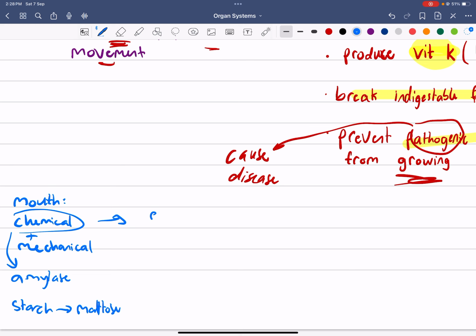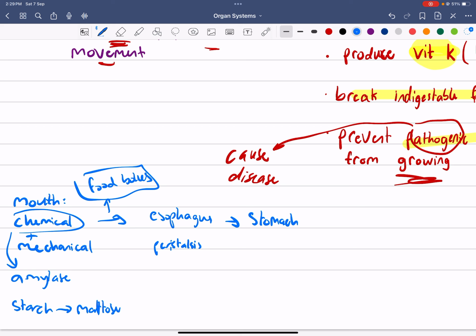And then we moved to the esophagus. Remember here, we formed a food bolus. Now this food bolus serves as a stimulus for peristalsis to occur, which allows the movement of the food bolus throughout the esophagus into the stomach.